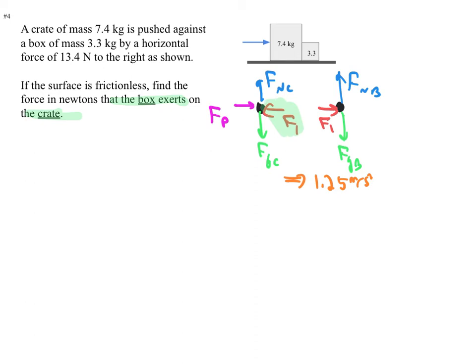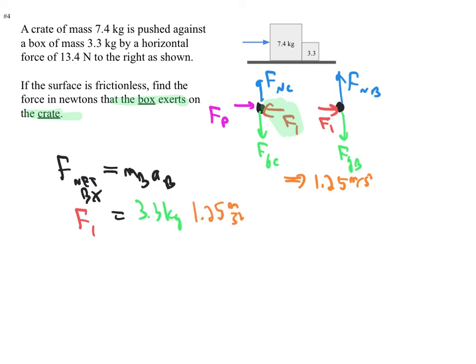But it equals this force. So if we remember, we had F net of the box in the x is the mass of the box times its acceleration. And from the diagram, that's just F1. And then over here, we would have 3.3 kilograms. And here we have 1.25 meters per second squared. So that's 3.3 times 1.25, 4.125, and of course newtons.